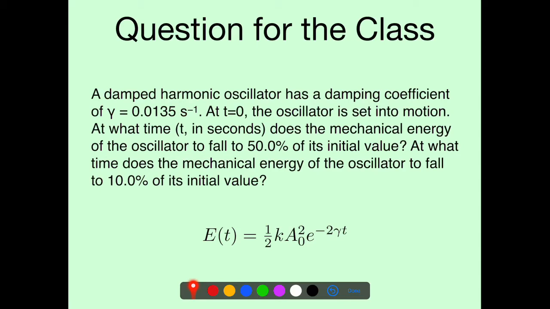At what time, t in seconds, does the mechanical energy fall to 50% of its initial value? And then as a follow-up, at what time does the mechanical energy fall to 10% of its initial value? So pause the video, try to work this out using the result we derived, and then come back to the video so we can go through it together.